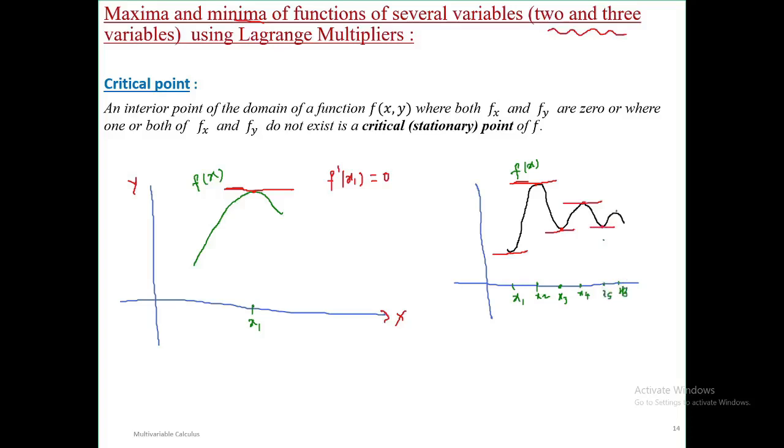So at x1, x2, x3, x4, x5, x6, all these points, the derivative is vanished. So f dash of x1 equals 0, f dash of x2 equals 0, f dash of x3 equals 0, and so on, up to f dash of x6 equals 0.